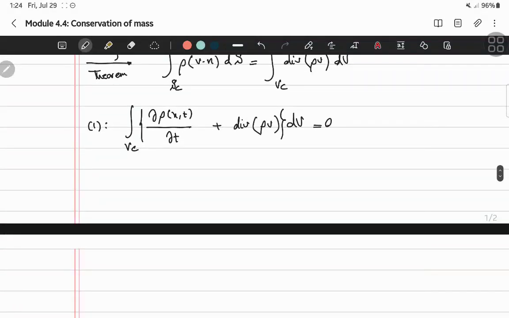And based on the fundamental lemma of calculus, if this is going to be true for every vc that we write in here, then the integrand is going to be equal to 0.